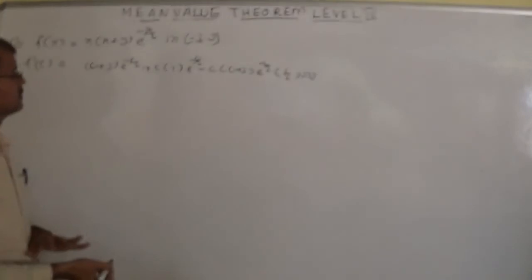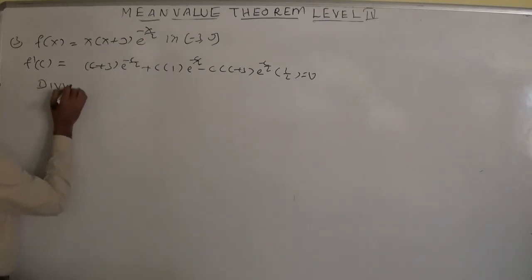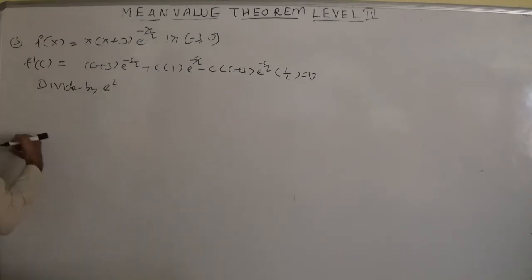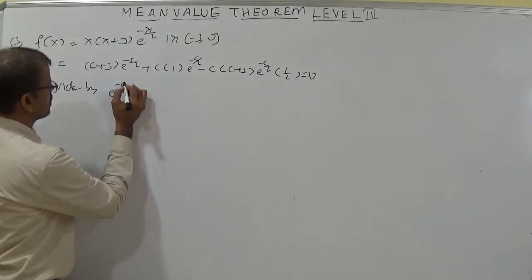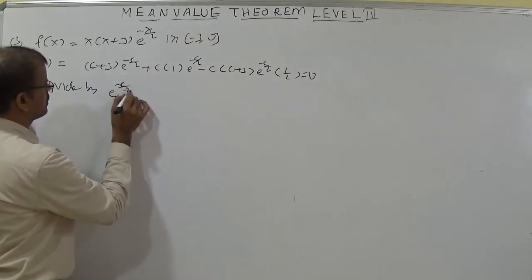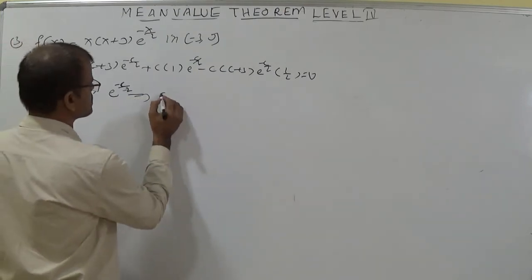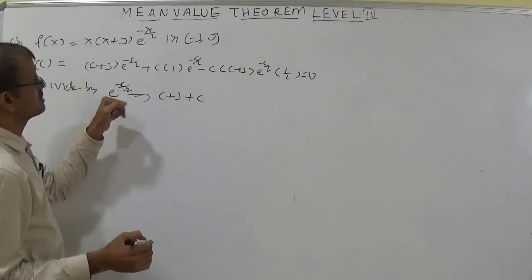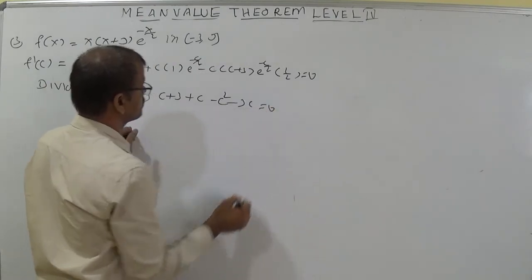So we take e power minus c by 2 common and divide by e power minus c by 2. So this becomes c plus 3 plus c plus 3 plus c minus c square minus 3c equal to 0.